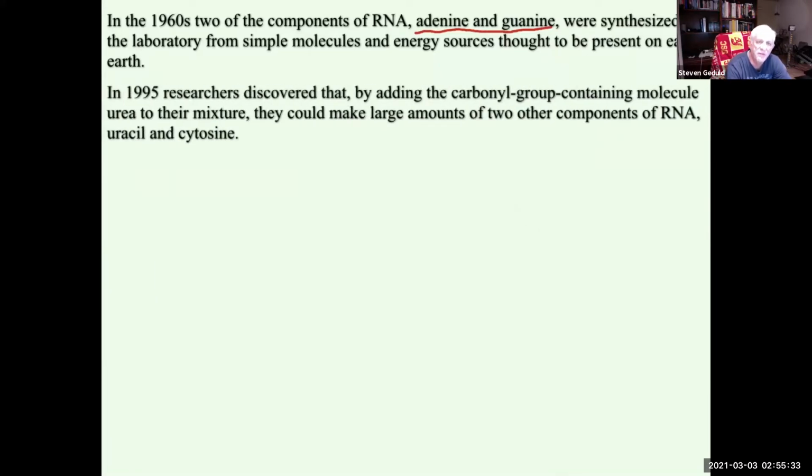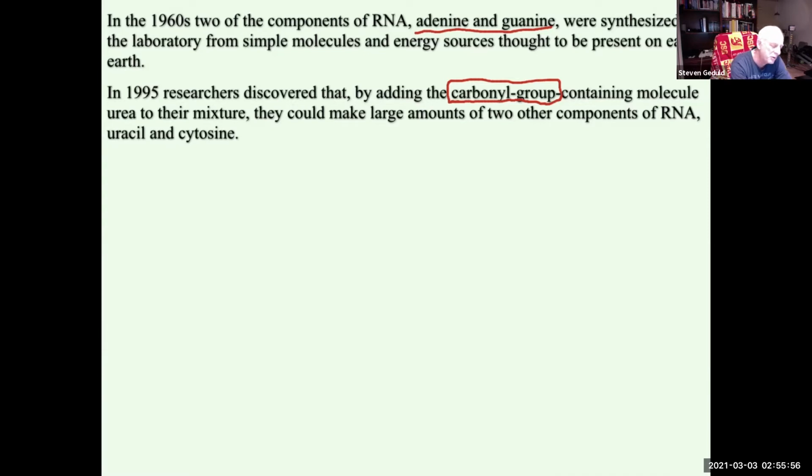In 1995, researchers discovered that by adding the carbonyl group we talked about, remember the carbonyl group is in our aldehydes and our ketones, by adding a carbonyl group containing molecule, urea, which we excrete from the body in urine, to the mixture, they can make large amounts of 2 other components of RNA, uracil and cytosine.